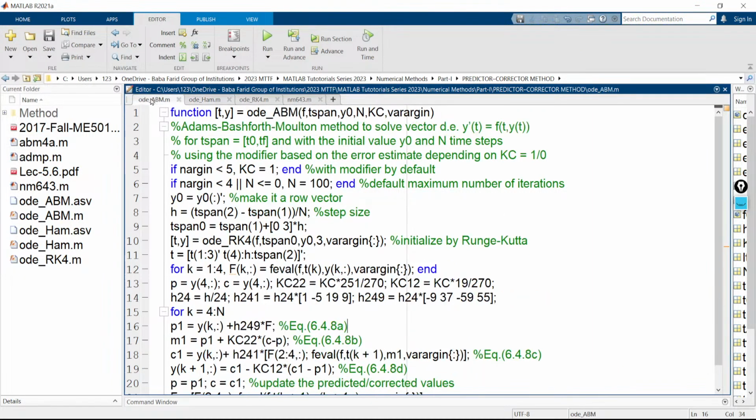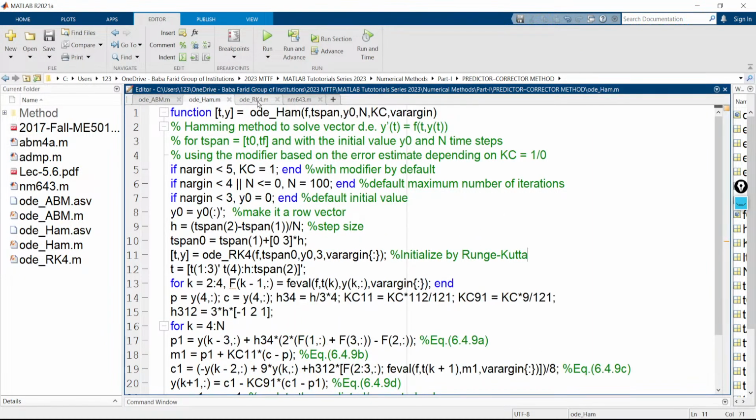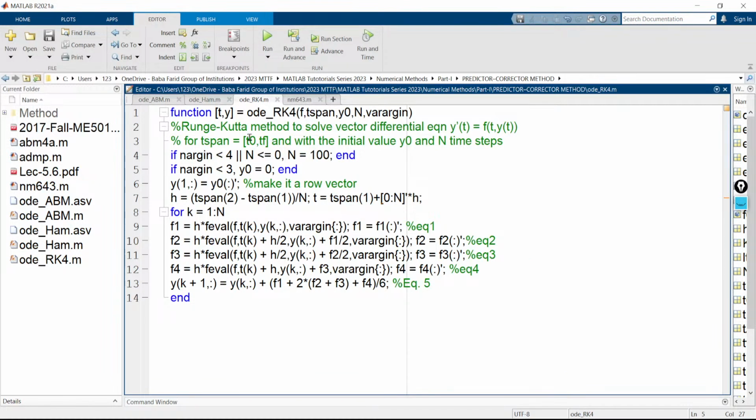And all these methods are stored as user-friendly functions. We can use these functions for any kind of given ordinary differential equation, and we can compare all of these also.